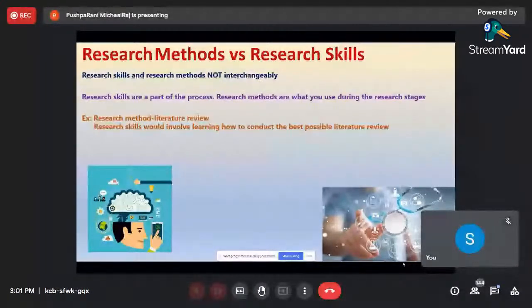And you can practice research skills to improve your speed and accuracy and reliability, critical thinking, project management, effective note taking, examples of research skills.